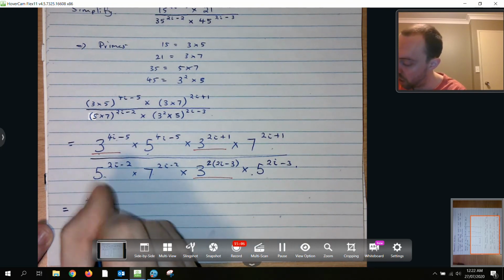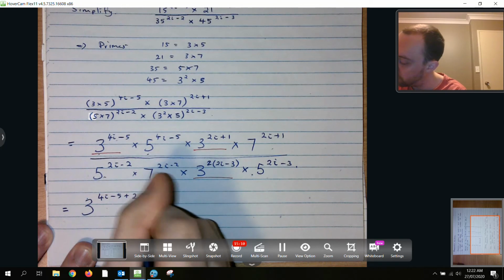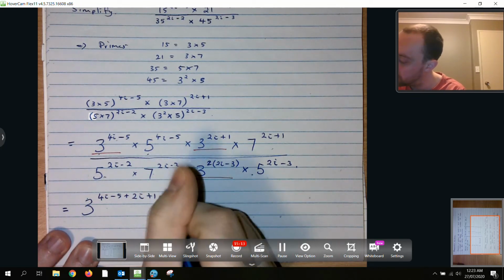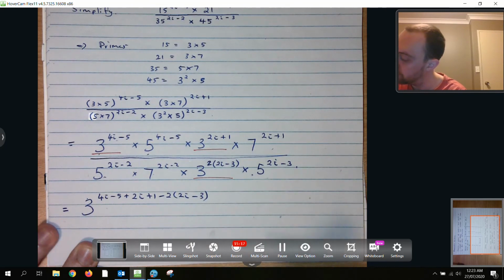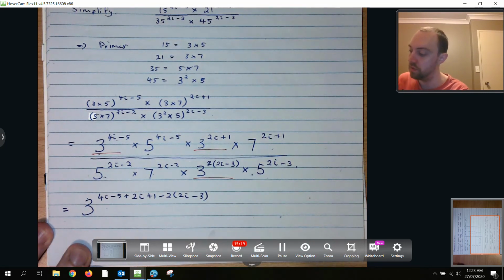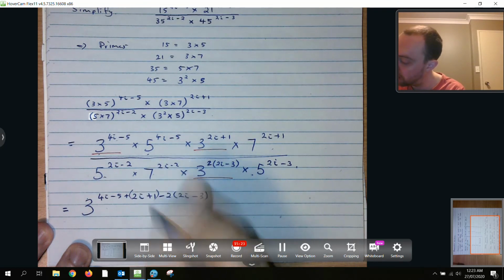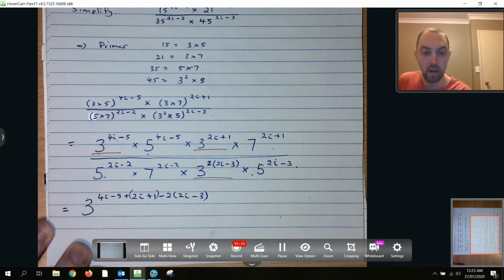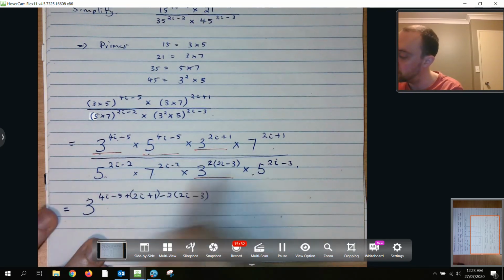So 4i take 5 plus 2i add 1 take 2 lots of 2i take 3. That's just the powers of 3s. Just in case, I'm going to put a little set of brackets around that one as well. Let's go with the 5s. We'll deal with the actual simplifying in a second.